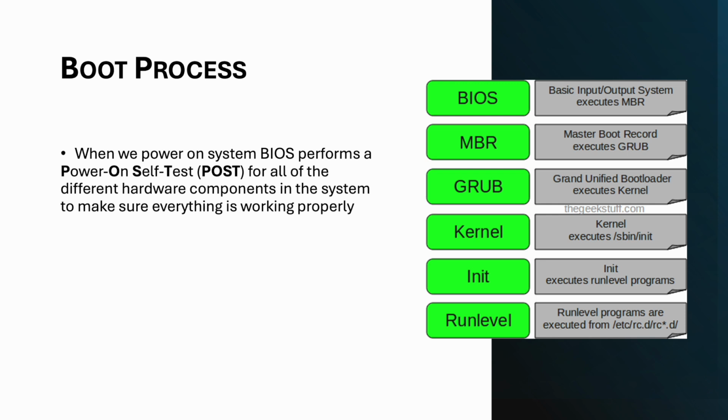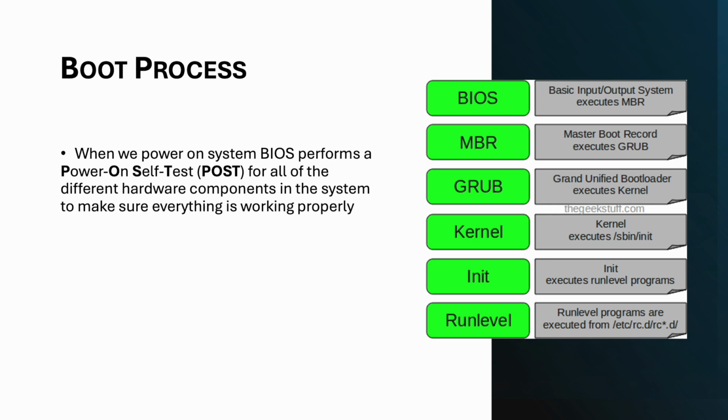Initrd is used by the kernel as a temporary file system until the kernel is booted and the real root file system is mounted, followed by init. Init executes run level programs, meaning init identifies the default run level from the /etc/inittab file, and we can change this default run level whenever we need.